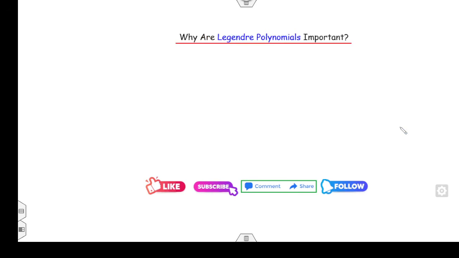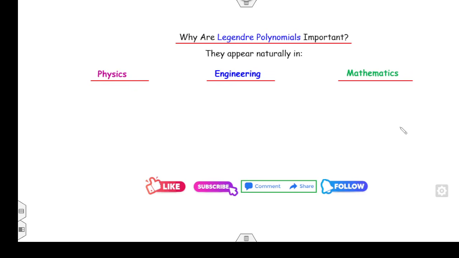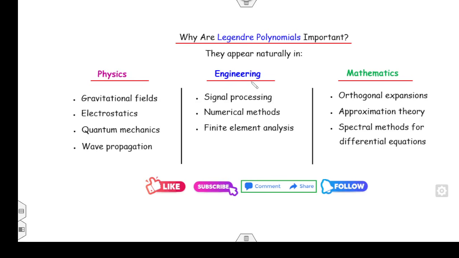Why are the Legendre polynomials important? First of all, they have wide applications. They are widely used in physics, engineering, mathematics, and so on. For example, whenever you are studying the gravitational field, electrostatics, quantum mechanics, wave propagation, if you are a student of physics, check their calculations and you will get the Legendre polynomial as their solution.